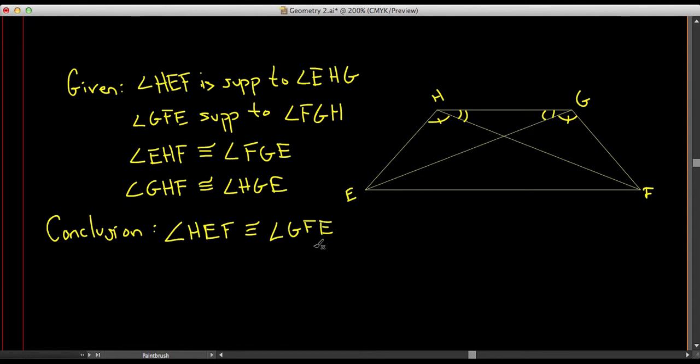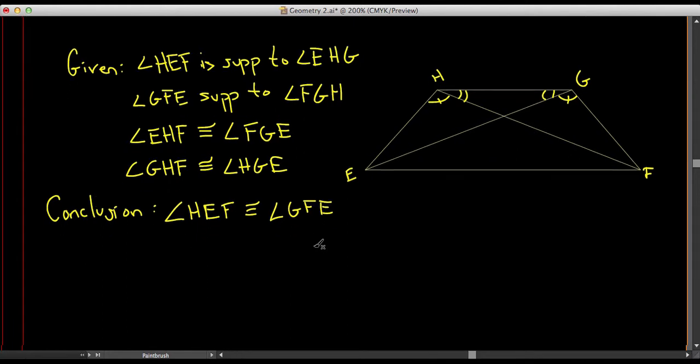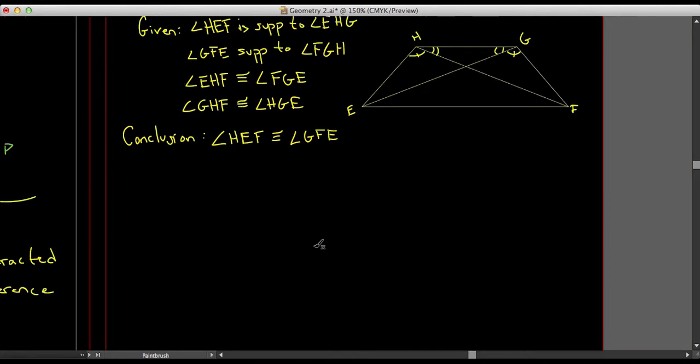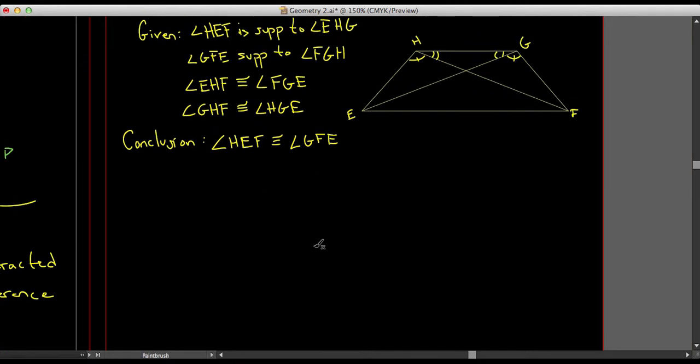Well, let's start our proof. Let me zoom out a little bit just so that you can keep everything in the screen here. And we're going to make our table. We'll put our statements and our reasons.